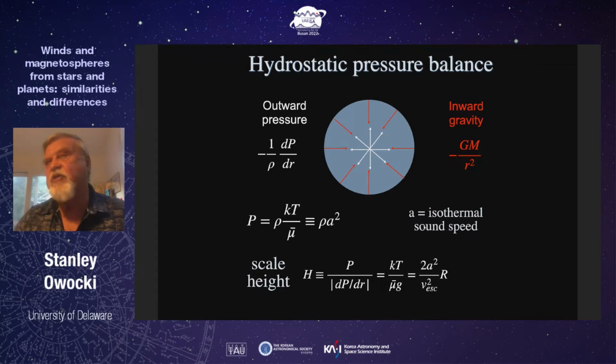That's what's called the isothermal sound speed, and I use the notation A for the isothermal sound speed. Now all you have to do is take the pressure and divide it into the pressure gradient, and that gives you a scale length over which the pressure changes, which we call the pressure scale height. If you plug in the equations, you find that it goes like kT over mu g, which you can then recast in terms of the sound speed squared over the escape speed squared of the star times the stellar radius.